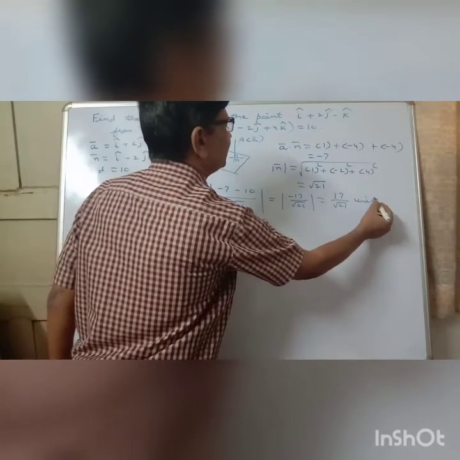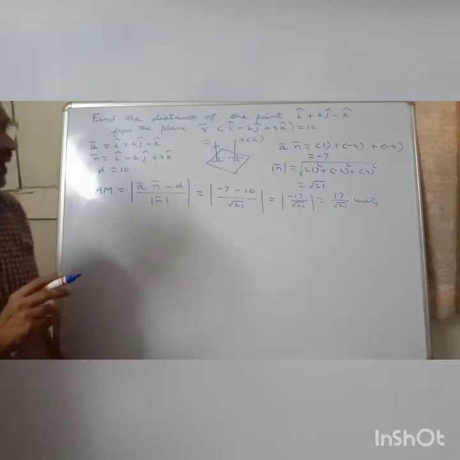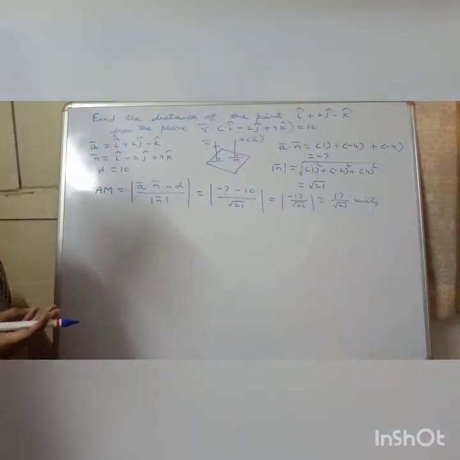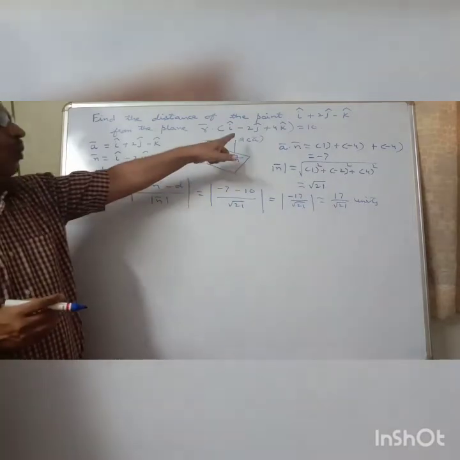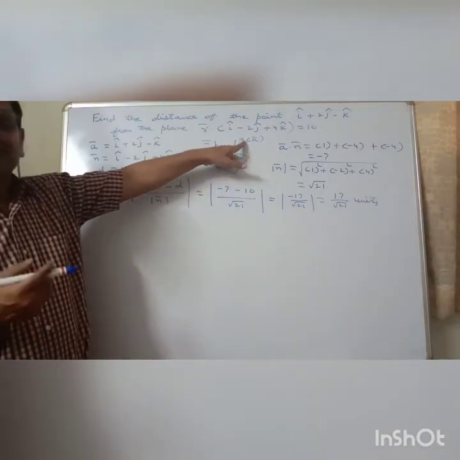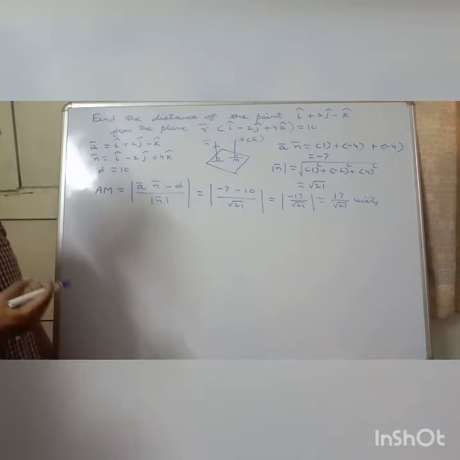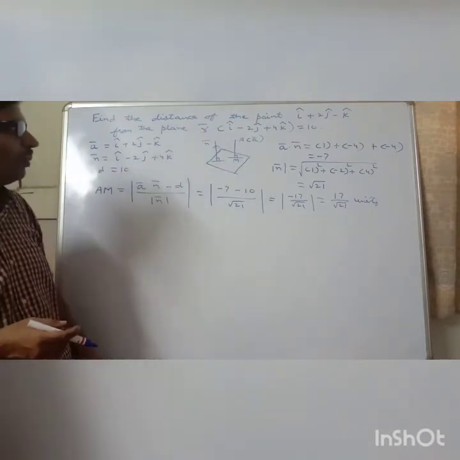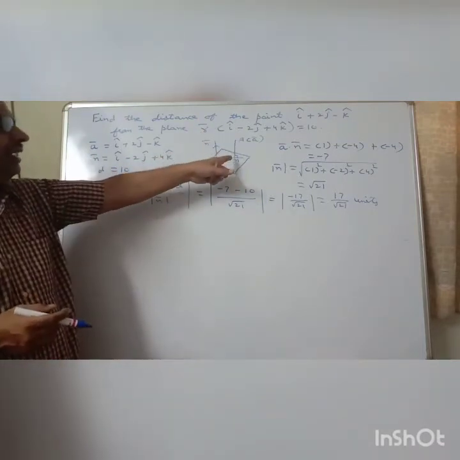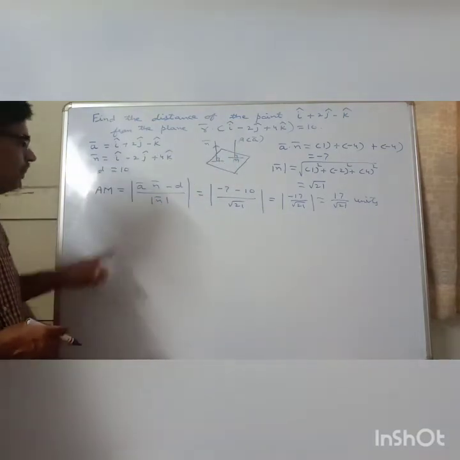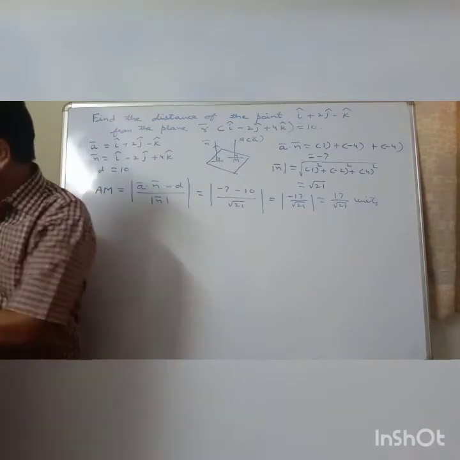This is distance or length, it is expressed in units. So when we know position vector of any one point and equation of plane in vector form, we can find distance between point and plane using this formula.